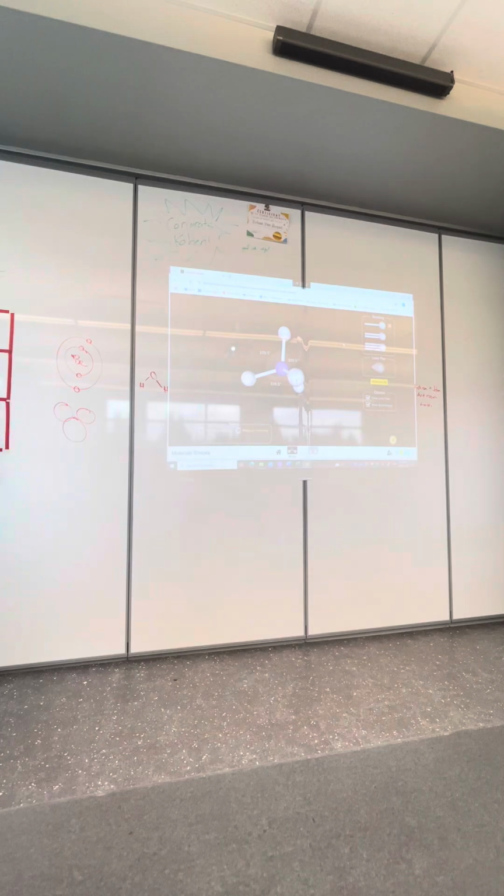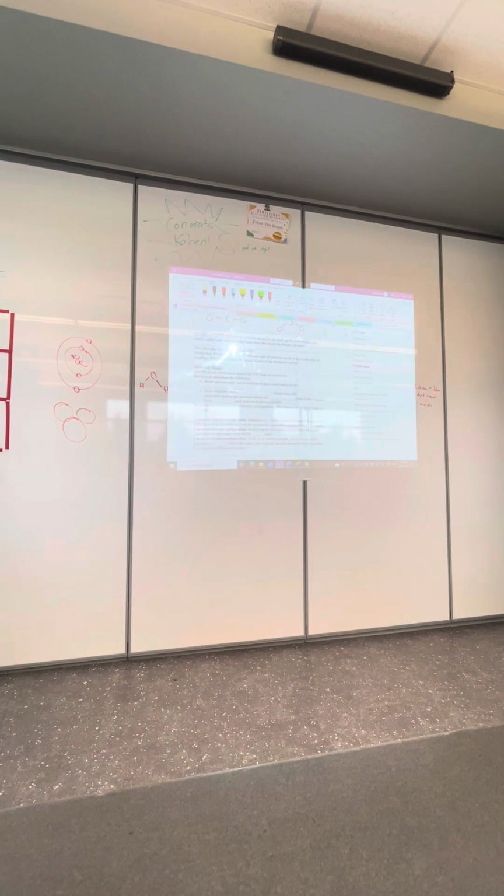So really what we're looking at today is examples and trying to figure out their shapes. The key to this is that bonds will move as far apart as possible. So we look at the central atom and ask, what's happening on the central atom?